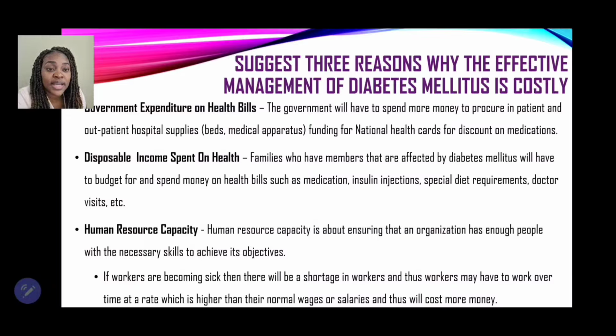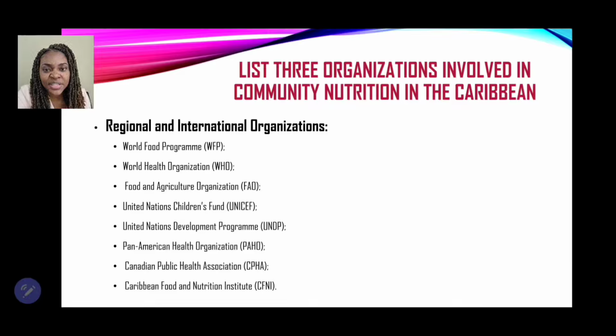Now, as it relates to listing 3 organizations involved in community nutrition, you also know that we have national organizations, right? So it may be, for example, in some countries, the Ministry of Health would be a national organization, but they more than likely are going to ask you for regional and international organizations, right?